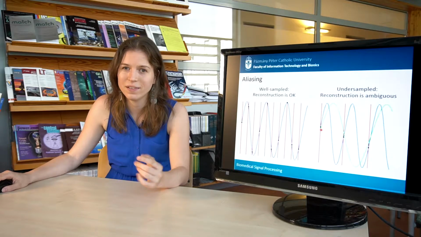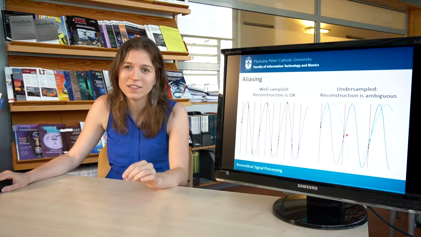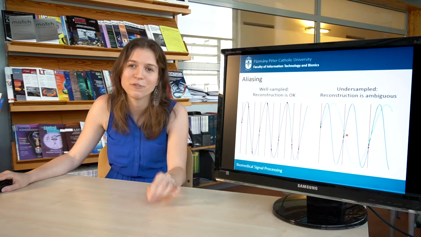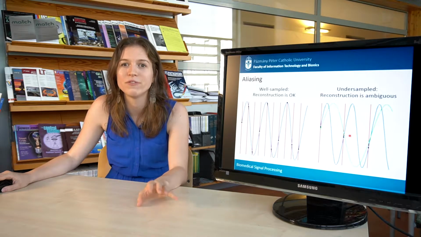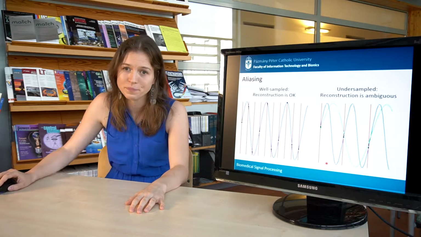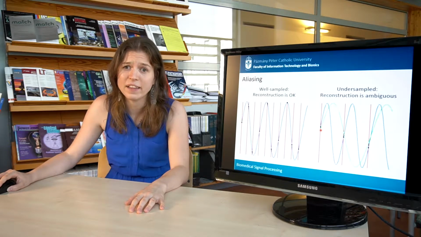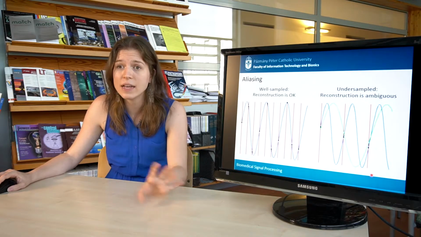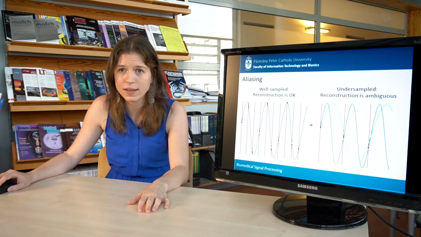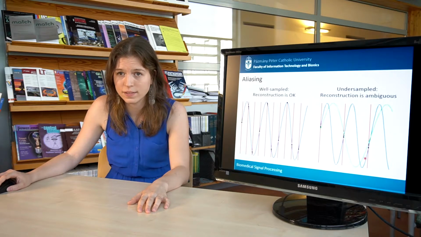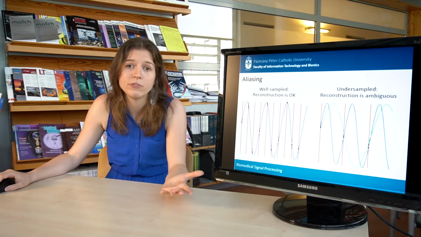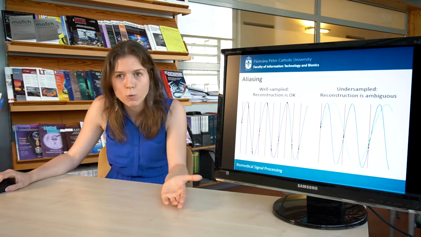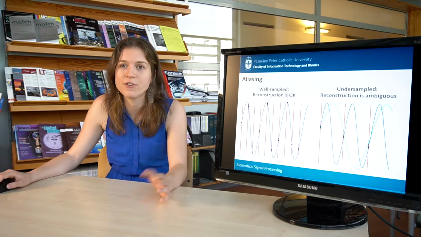So here, my sampling frequency is that of the highest frequency, not twice as, only once the value of this highest frequency component. So here you can see that if I have these sample points, I can connect them two different ways. I can connect them with this high frequency line or with this slow frequency line. So you have multiple solutions, and this will be the ambiguity which causes these patterns.